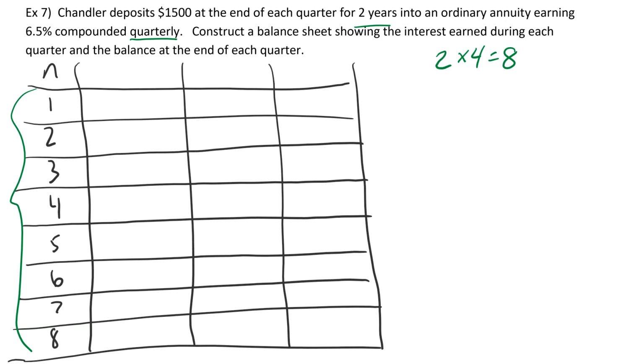So we have 1 row for each period. These other columns are going to be as follows: payment, interest, and balance.